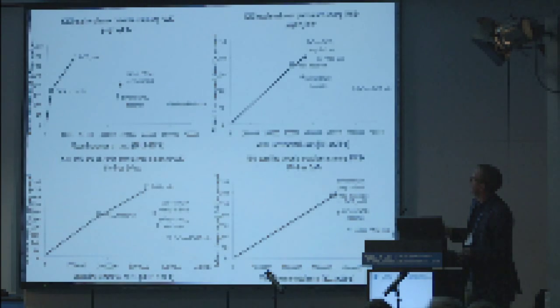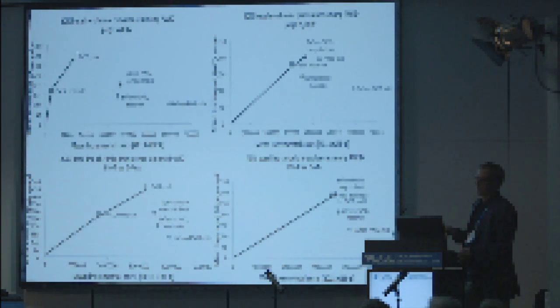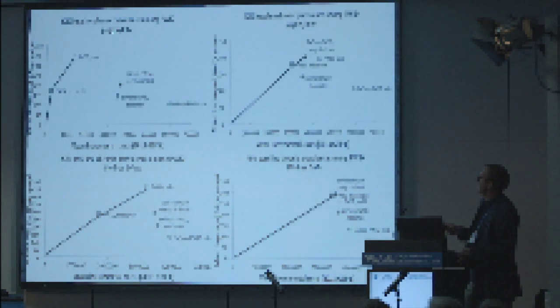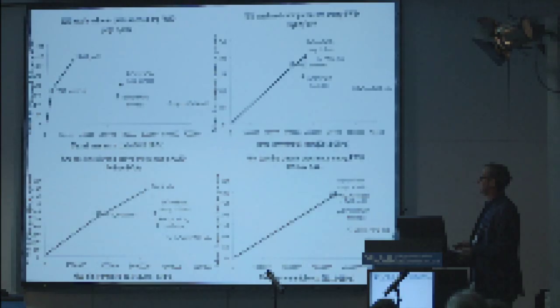What this line here shows is the most cost-effective form of treatment in the patients for 20% prevalence, either with the old drugs or with the new drugs. If you're on this line, those are the patients you should target. If you're this side of the line, it's less cost-effective.